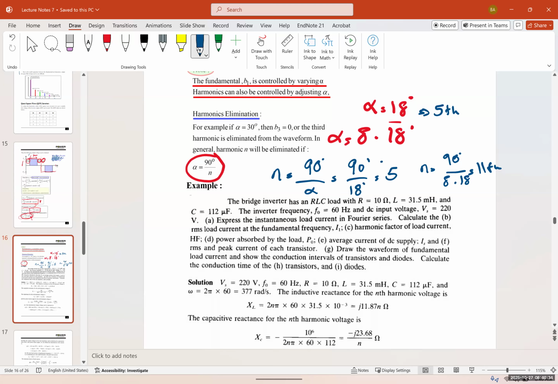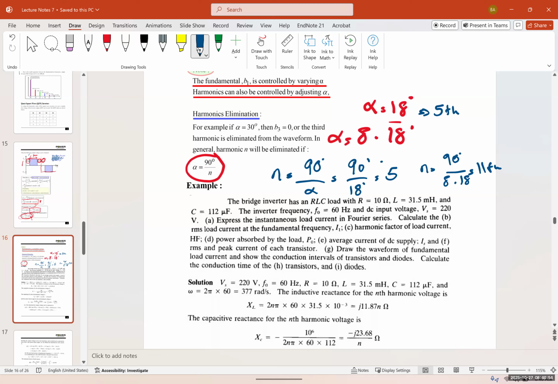But the good thing about this is the most difficult harmonic to filter is the third harmonic with a filtering system. So you can eliminate it with the alpha and the variable width, and then the rest of it you can use a smaller filter. Does it make sense?